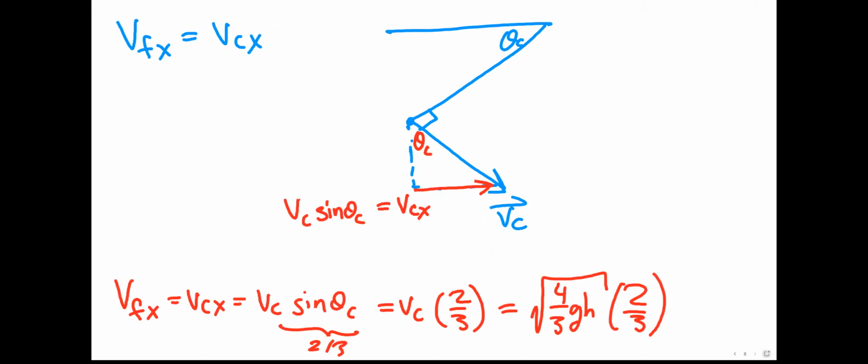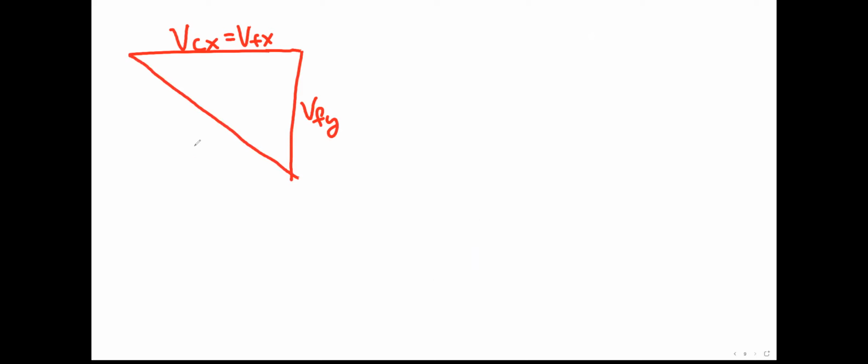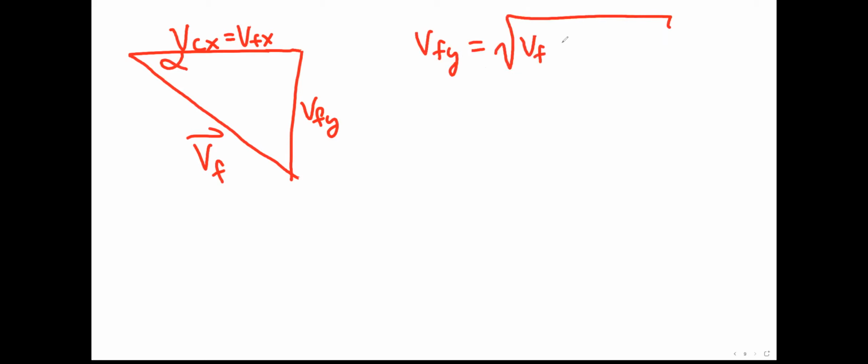So the Pythagorean theorem: here we have VCX equals VFX, and then we have VFY, and here we have VF. So we can get VFY equals the square root of VF squared minus VFX squared.